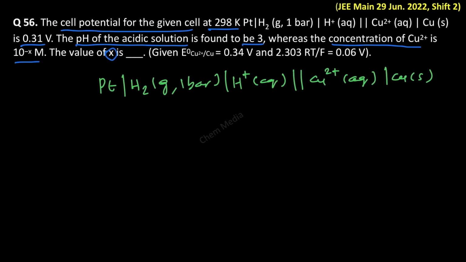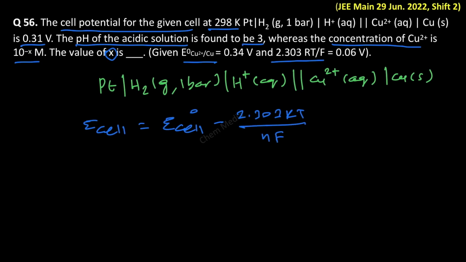Standard reduction potential of copper 2 plus becoming copper is given, and also this is the term that we use in the Nernst equation, that is also given. We know that Nernst equation is Ecell is equal to Ecell standard minus 2.303 RT by nF log Q, where Q is the reaction quotient.